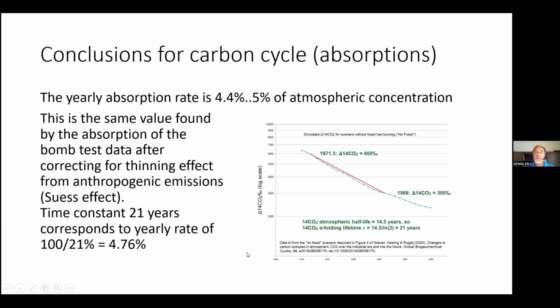Yeah, for example, if a tree decays, then it takes, let's say, 50 to 100 years until all the carbon dioxide comes out. Yeah, but the bomb test impulse is from 1963.